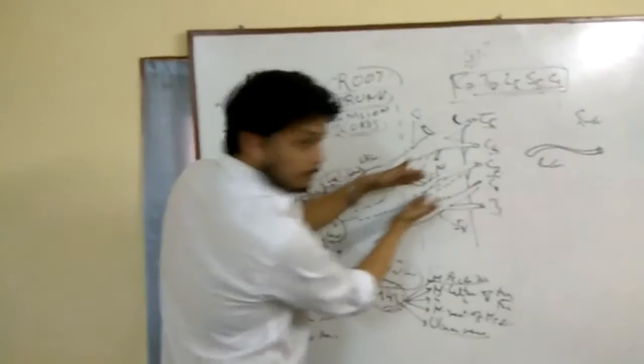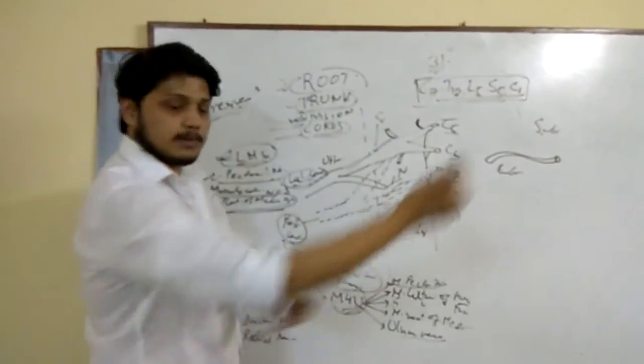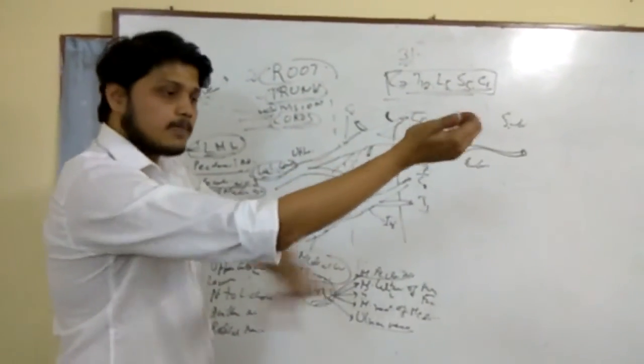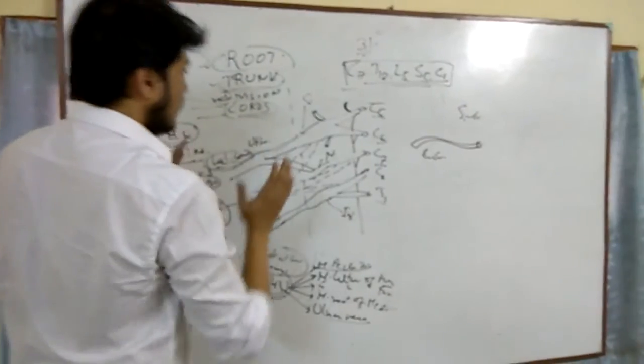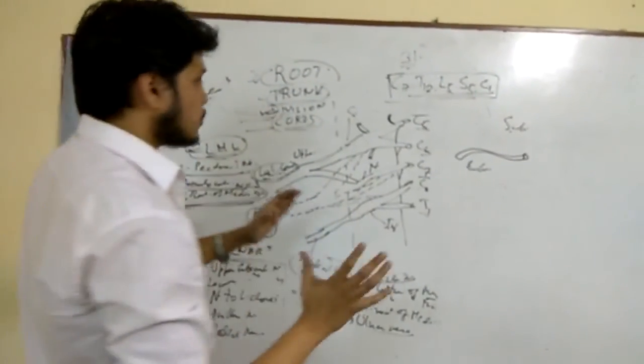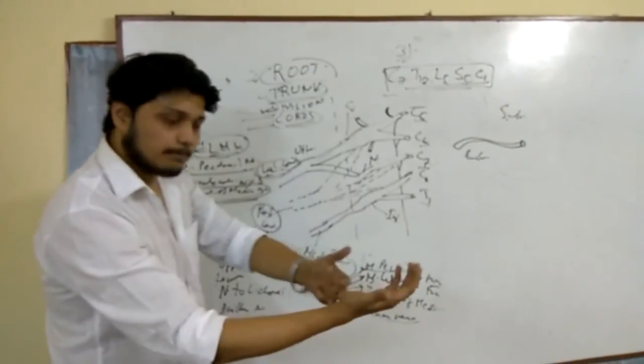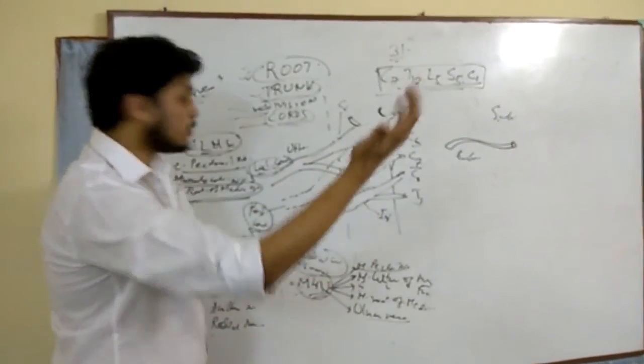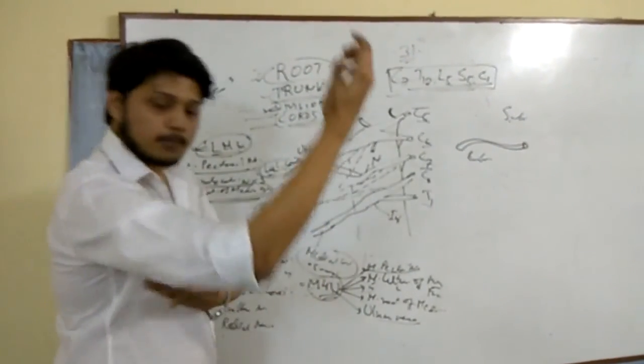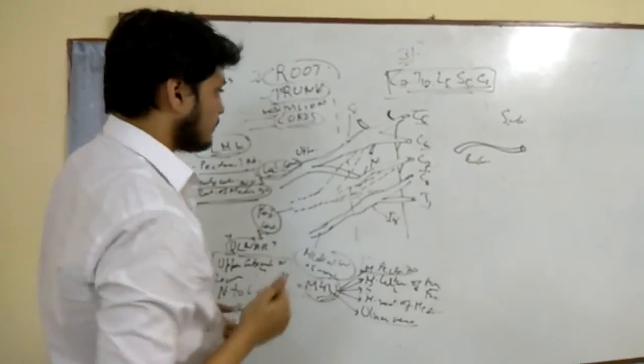Similarly, the posterior divisions, marked with the dotted lines, will supply the posterior compartment of my arm and forearm. So this is just to remember.